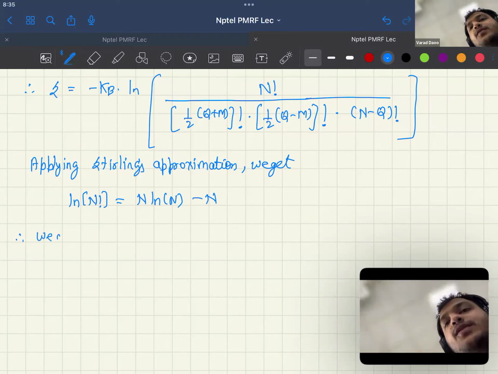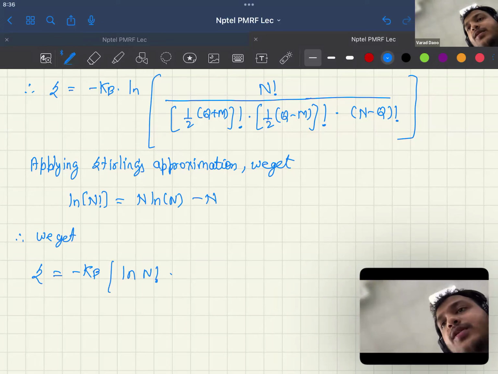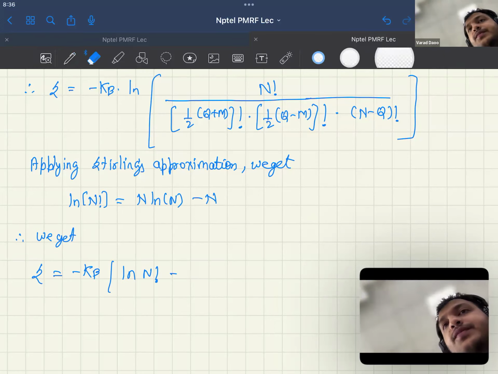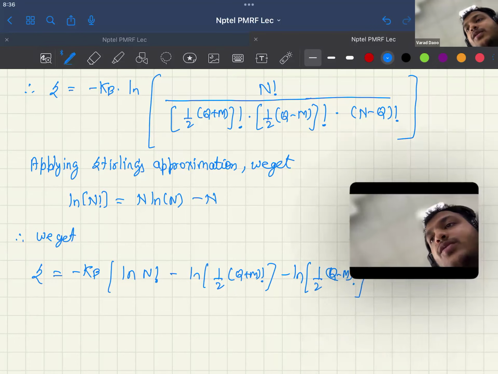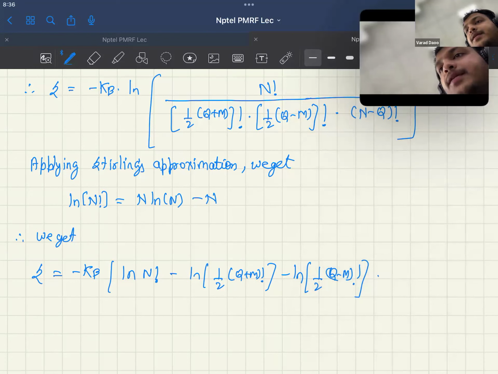Therefore, we get S is equal to minus kB. So basically, this becomes ln of N factorial minus ln of half of Q plus M factorial minus ln of half of Q minus M factorial minus ln of N minus Q factorial.